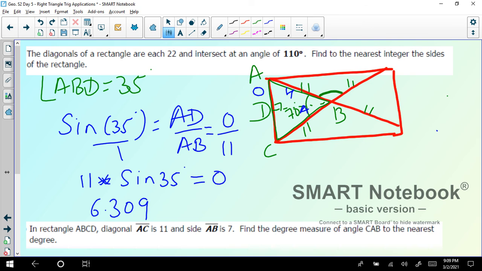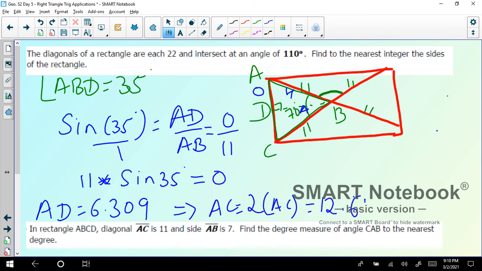Okay, so AD is 6.309, which implies AC is twice of that, 2 times AD, which is 12.619, or 12.618.